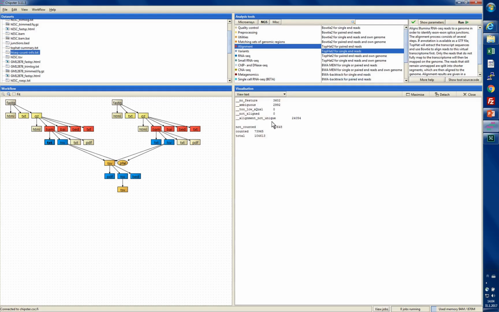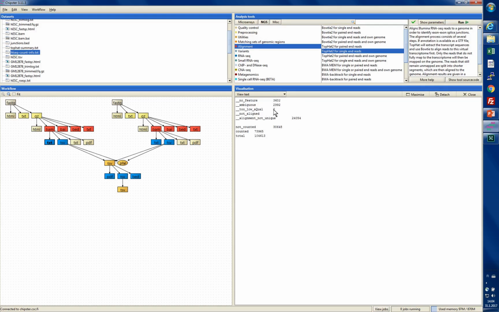So this is the number of alignments that were not counted for any gene. Here you have the summary. So totally you had this many alignments, and out of them 73,900 and something were counted for some particular gene, and the rest of them were not counted for any gene.